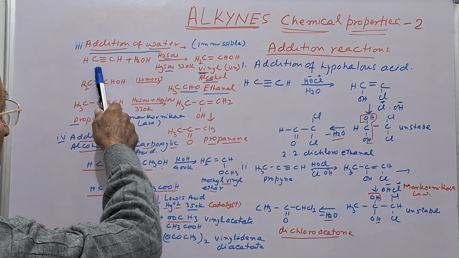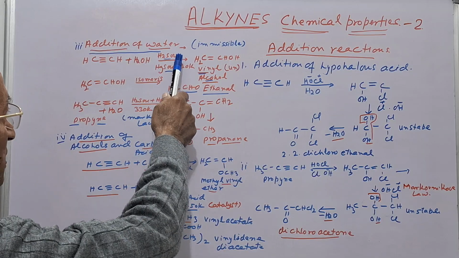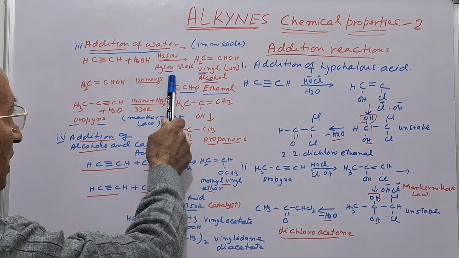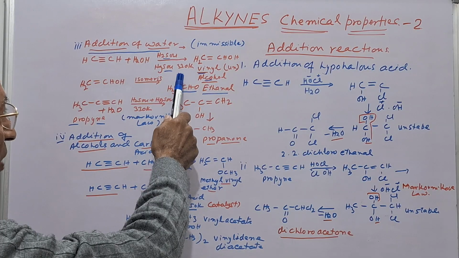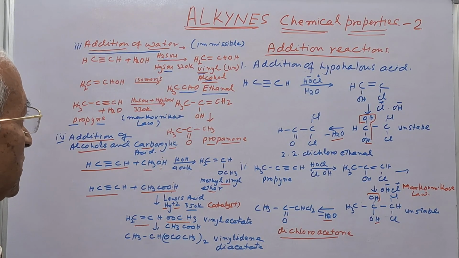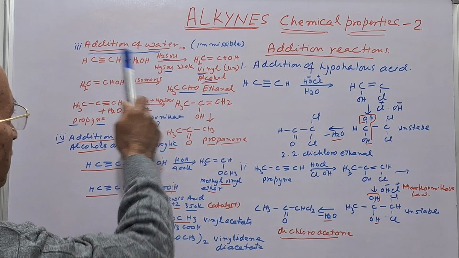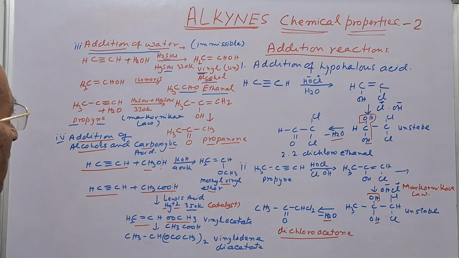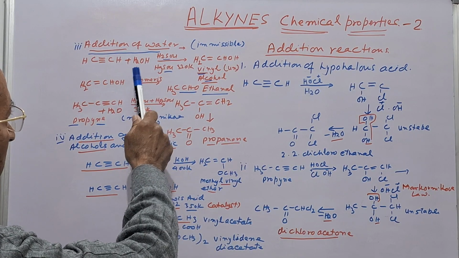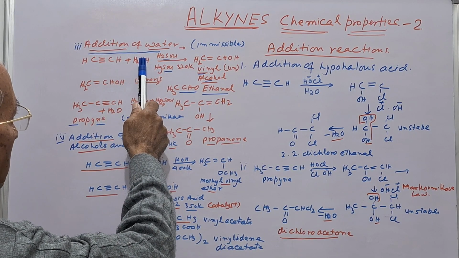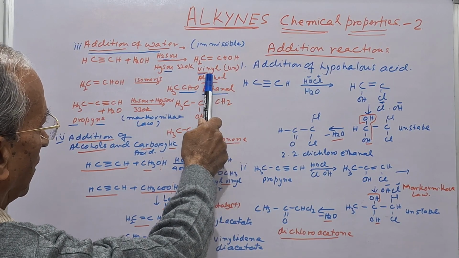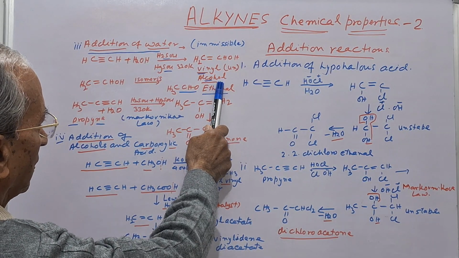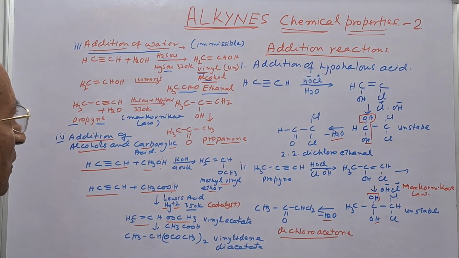But ethyne, in the presence of sulfuric acid and mercury sulfate as a catalyst, at about 330 K temperature, reacts with water. By removing one pi bond, HOH is added, and in the first stage it forms vinyl alcohol, which is unstable.